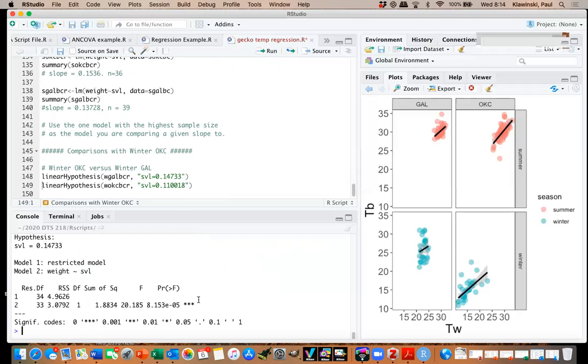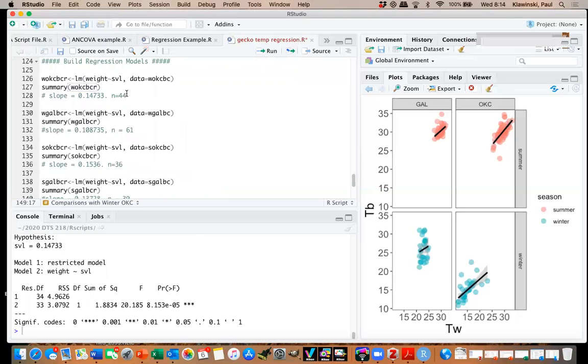So that is the p-value for this comparison. Highly significant, those two slopes are different, which, when you graph the relationship between weight and snout vent length, should be apparent to you. But watch what happens when we compare the Winter Galveston slope to the model for Oklahoma City.